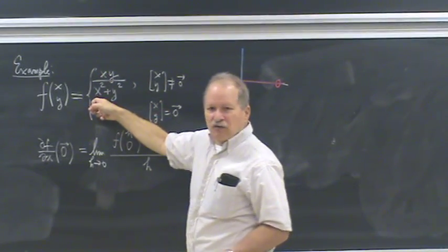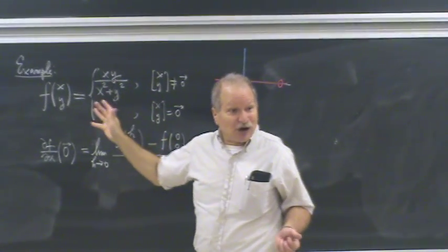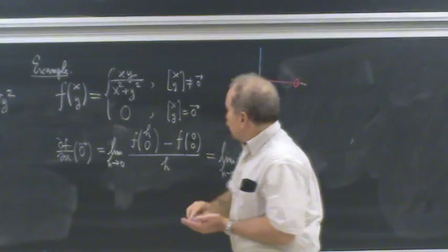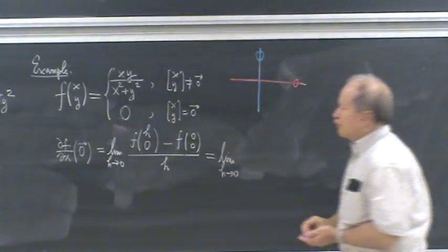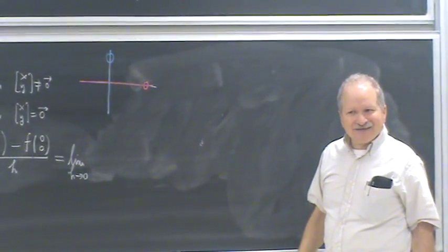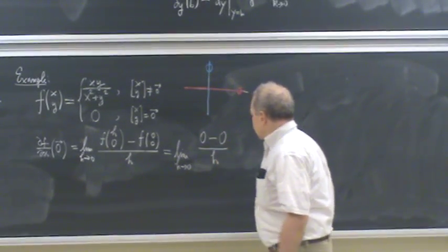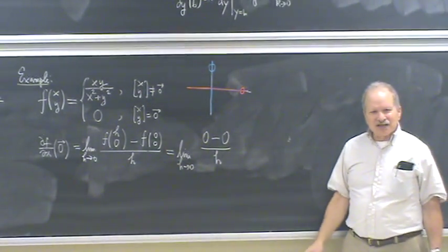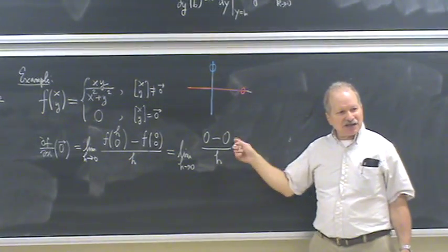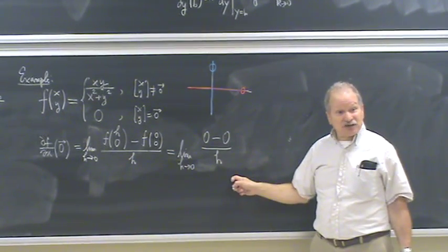So it's x times 0 over blah. I don't care. It's 0. And similarly, it's 0 here, because it's 0 times y over blah, which is 0. So what do I get? I get 0 minus 0 over h. And Allison doesn't have to freak out about how the limit doesn't exist. It is not 0 over 0.